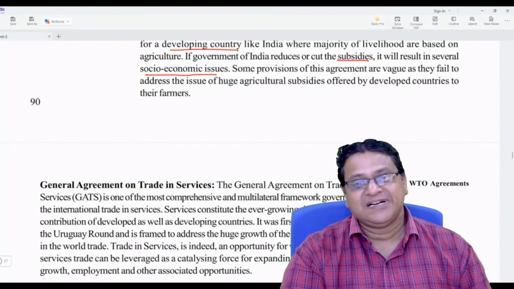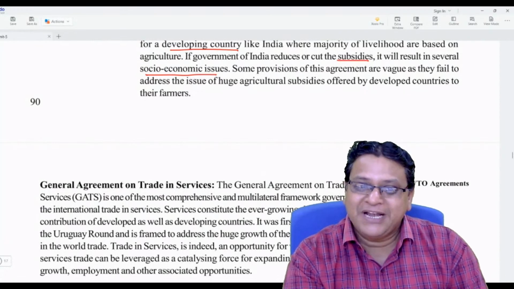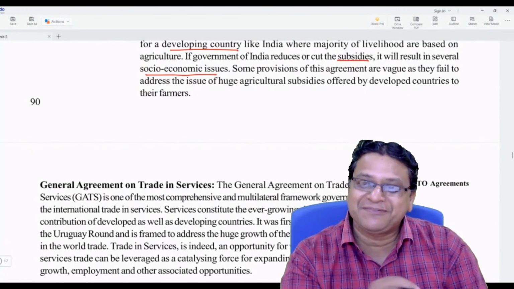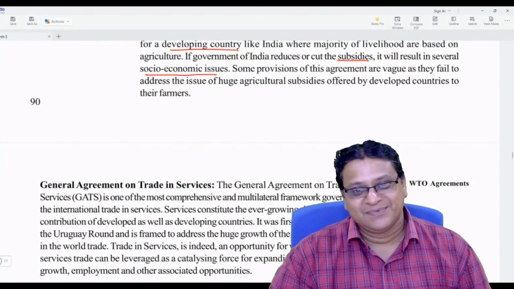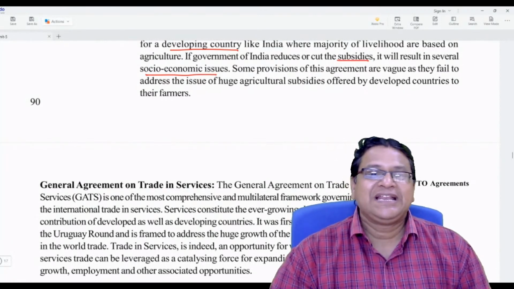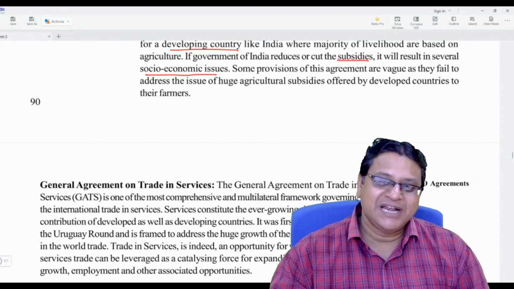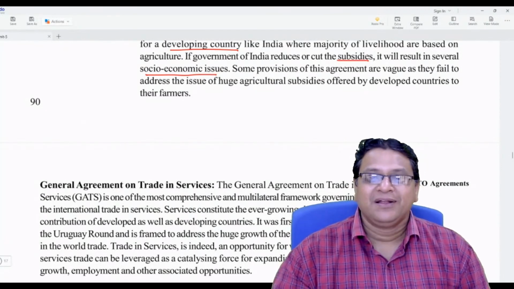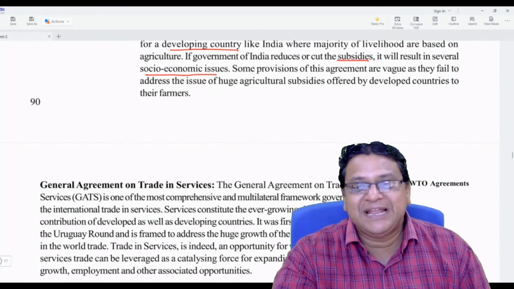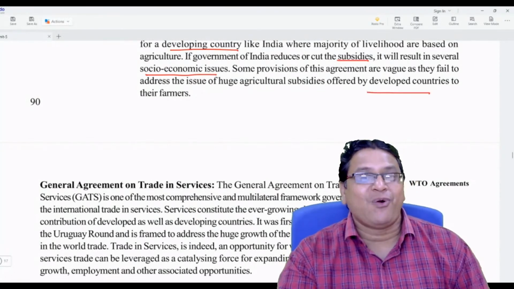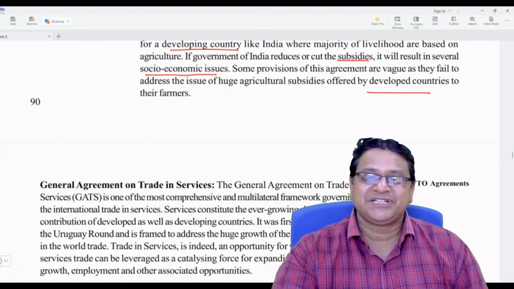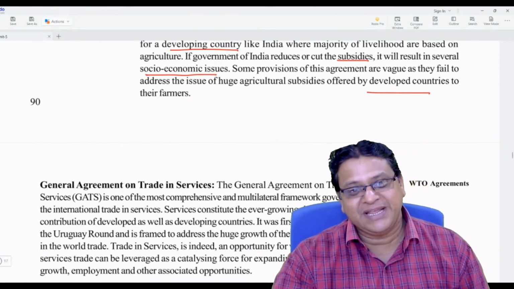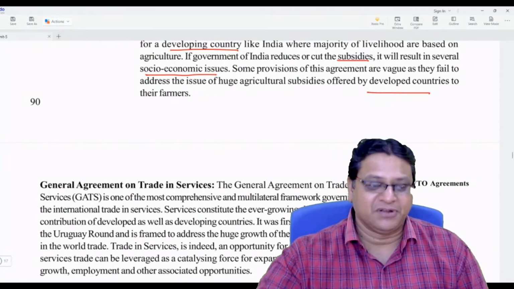Developed countries are also providing subsidies, but they have packaged these subsidies in a different way. So the agreement on agriculture is generally liberal towards the subsidies provided by developed countries, but it is not liberal towards the subsidies provided by developing countries. So this is a dispute area in the case of the agreement on agriculture.